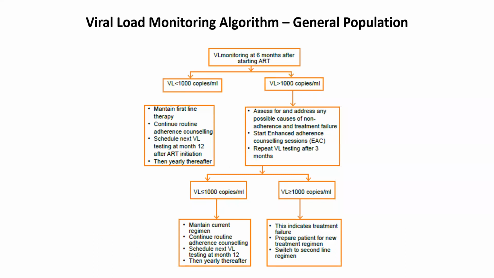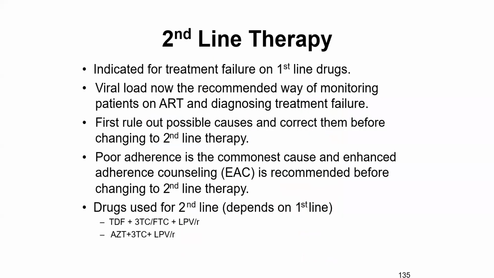So these days, the standard: if a patient is failing treatment, in most cases they go into second line therapy. But before someone goes into second line therapy, we need to rule out the possible causes and those issues which I raised. Usually before you switch someone to second line therapy, it is wiser to first check for those things.